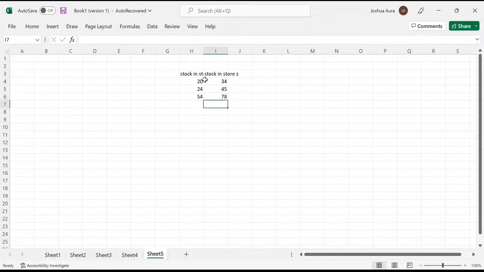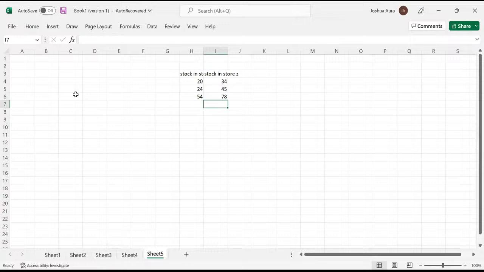And then the first thing I realize here, ladies and gentlemen, is that I can't read my titles. So straight away this stock in store Z, the sentence is bigger than the cell. When you realize that, as a good student of Excel, what you're supposed to do immediately as a warm-up is to highlight the entire Excel.